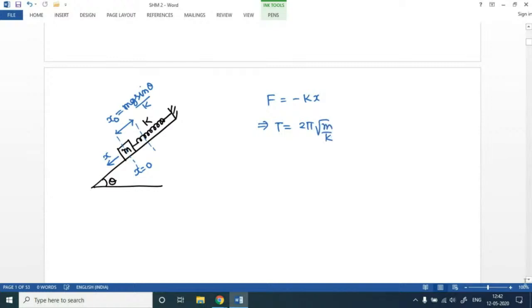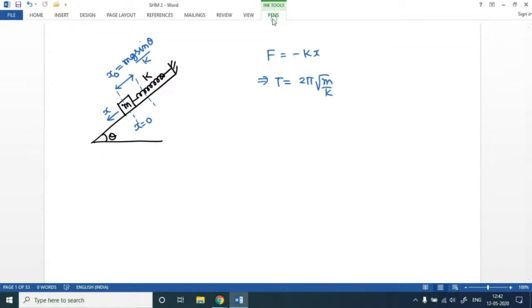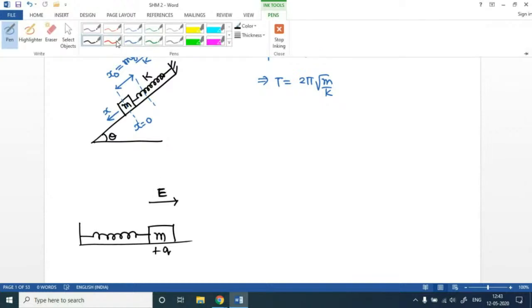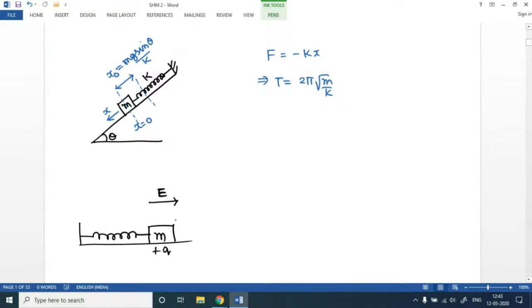So we can simply write that, and time period would be simply 2 pi root under m by k. Another situation you can have, for example, let's say on a smooth horizontal surface, we have a spring block system, and this block has mass m, and at the same time some charge is also there, let's say q. Okay, and there is some electric field in this region. So you must understand, this block will be experiencing both the spring force as well as this electrostatic force over here.